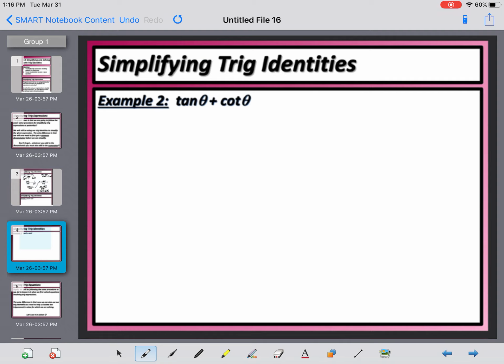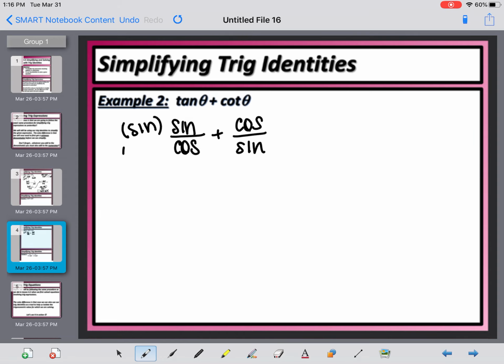Let's do one more with a common denominator. So I'm going to change these both into sines and cosines. Which means that the fraction on the left is going to need a sine for the common denominator, and the right side is going to need a cosine.